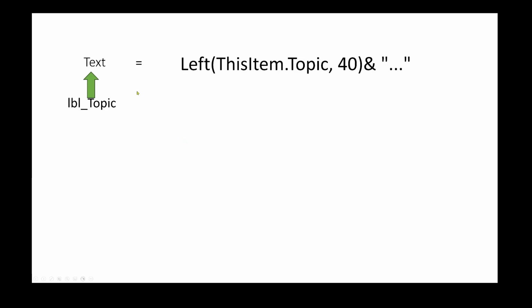So this is the function that we will use. We use Left of this particular item and how many characters we are going to take from it. And then we're going to add 3 dots at the end.